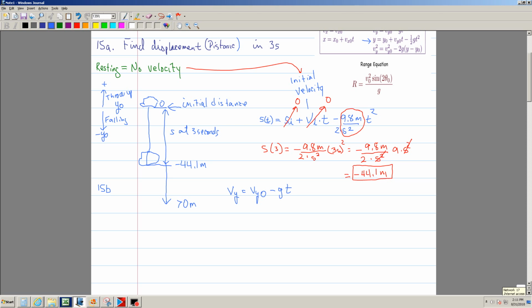We started with the initial velocity of 0, and this is the final velocity. We know g, so we just need to find time.